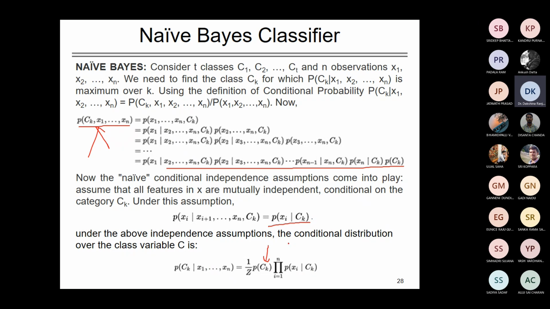So the conditional distribution over the class C we can get from this equation, and here 1 by Z is nothing but the normalization factor, which is used to normalize the conditional distribution that we are getting for the class variable C.